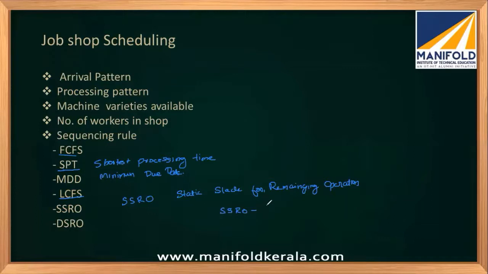So it will be your due date minus remaining processing time, divided by the number of operations remaining.